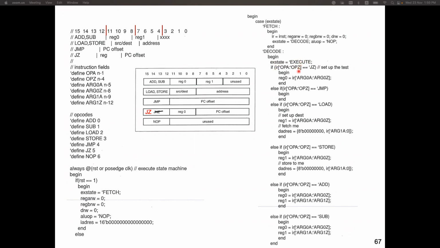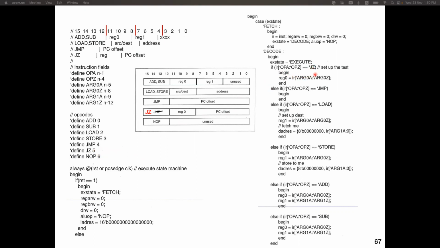Now decode. Okay. So to decode the instruction, we have a 16-bit input. It is stored in IR. So we look at bit 15 to bit 12 of this instruction. If it equals J0, jump 0, jump 0 is 5. It's defined earlier.